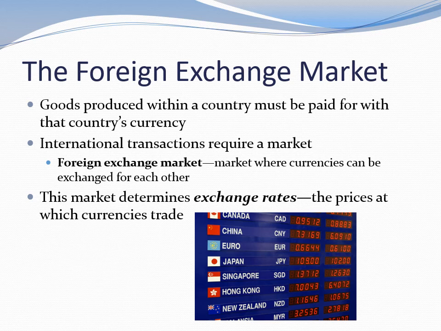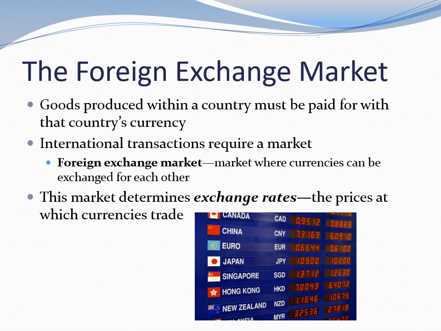So because of that, there is a market called the foreign exchange market. Now, this is not located in any one geographic spot. Rather, it's a global electronic market that traders around the world use to buy and sell currencies. You may have seen it in some shopping malls, definitely in some airports.